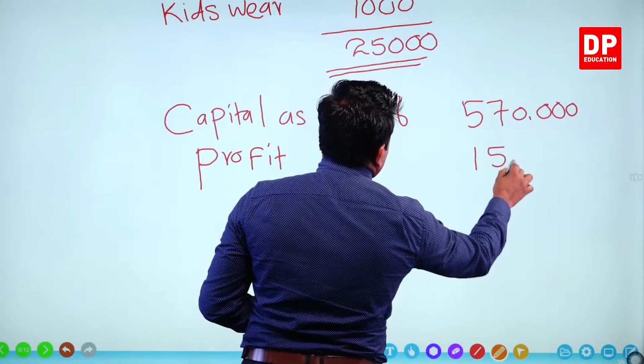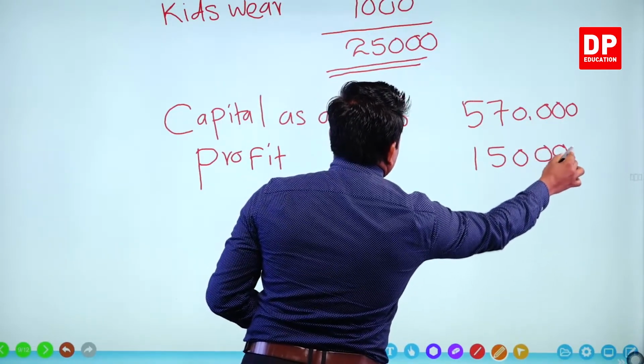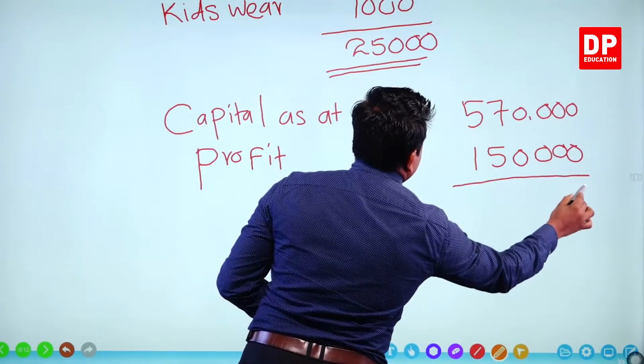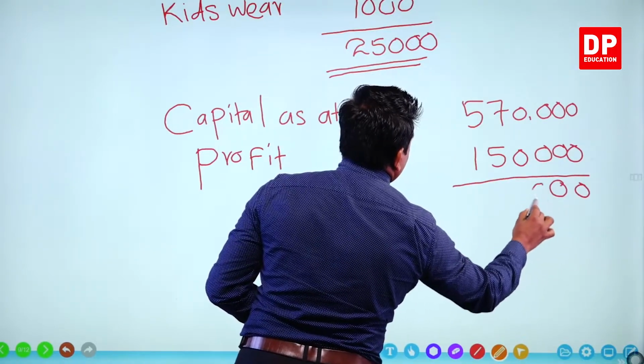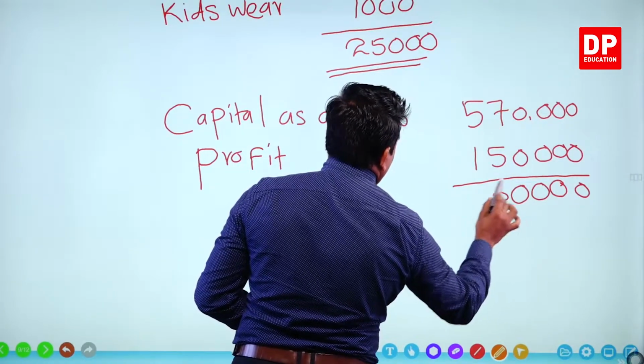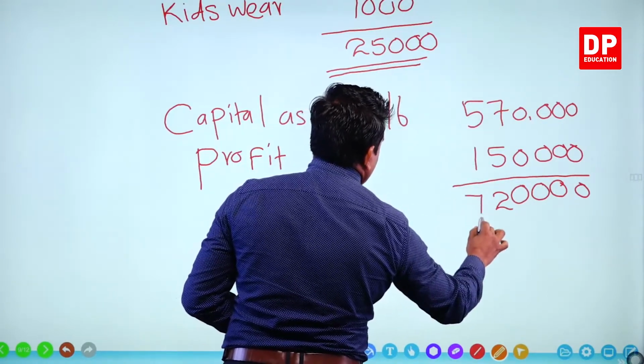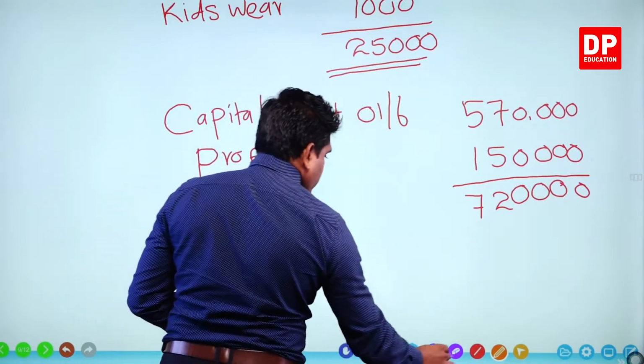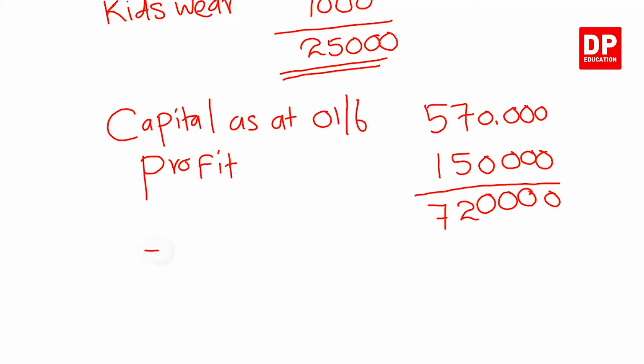Then you add these two, right? Then 0, 0 and 0. Here also 0. 7 plus 5 is 12. So 720,000. Now from this you can subtract what? Drawings, total drawings. We already found it.